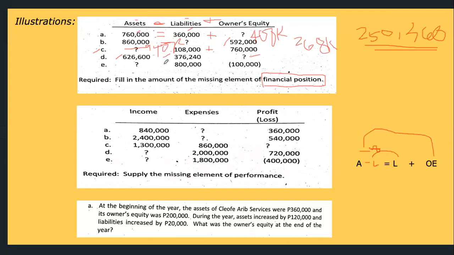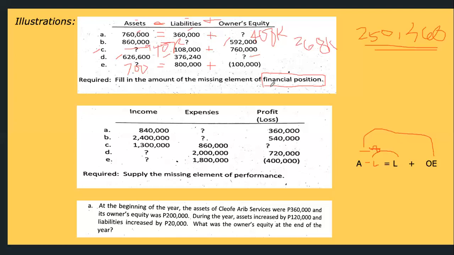Okay, so what's our total assets? It should be equal. So just 800 minus 100,000. So your assets should equal 700,000 so the equation balances.